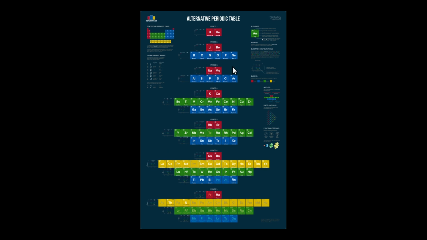So by looking at the periodic table this way, you kind of get to see the structure of how atoms are formed, and as atoms get larger, how those electrons are arranged. I also find that this symmetrical design also looks nice, and yeah, I just thought I'd do something different in terms of the periodic table.